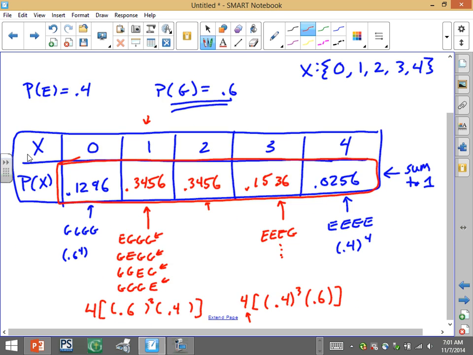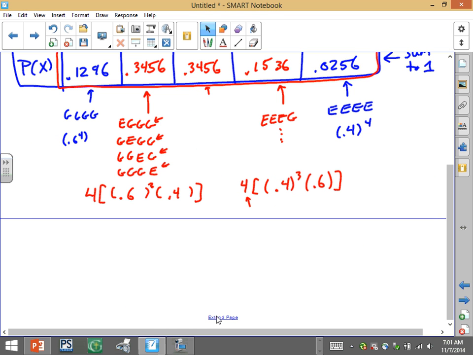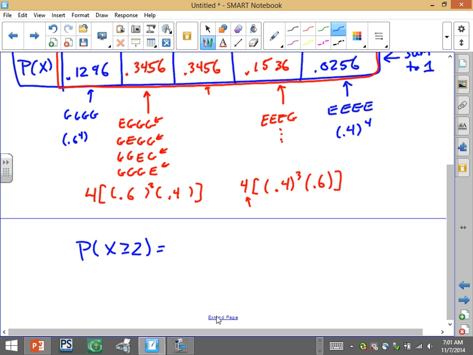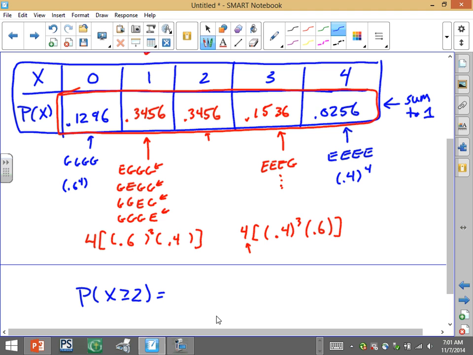What's the probability at least 2 out of 4 choose electric? So what's the probability that x is greater than or equal to 2? All right. And so look carefully in the chart. That would be 0.3456 plus 0.1536 plus 0.0256.